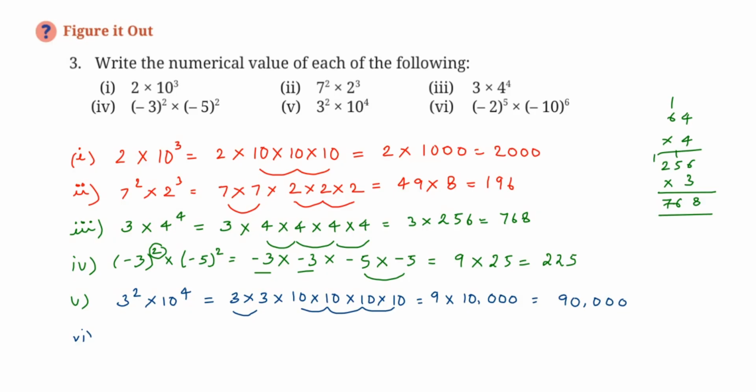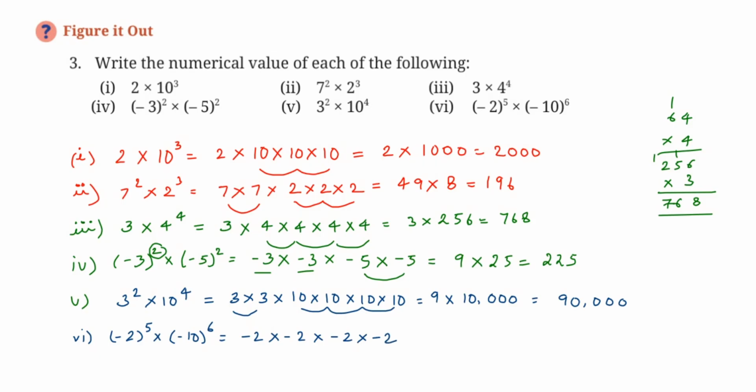There's the last one, sixth one. Now we have minus 2 to the power 5 times minus 10 to the power 6. Now we have here odd and even powers. If you look at the first one, we have minus 2, we are multiplying it 5 times. Now 5 is an odd number. This means the answer will have a negative sign. Now this is very important.